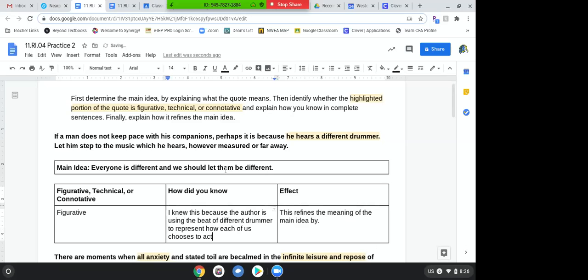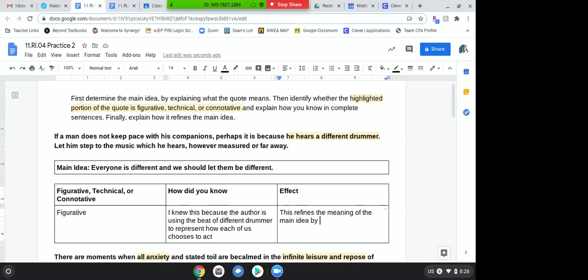And so if the idea is that it's different and we should let them be different, by comparing it to a different drummer, how does it refine the main idea? And remember, refine means to make more precise.